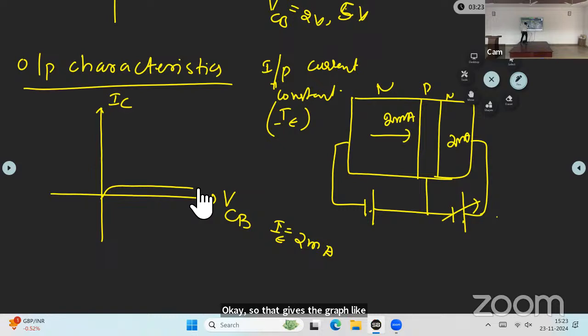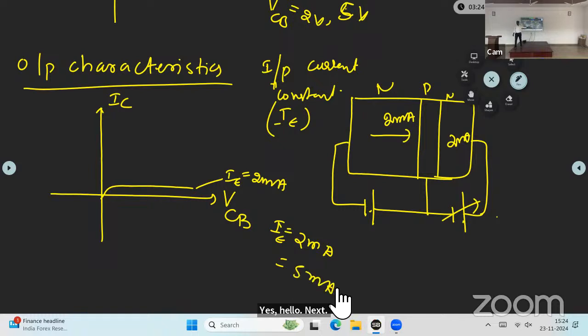That is, this curve for IE equal to 2 milliamps. Next, you can keep this current at 5 milliamps. Now, what will be the output current?